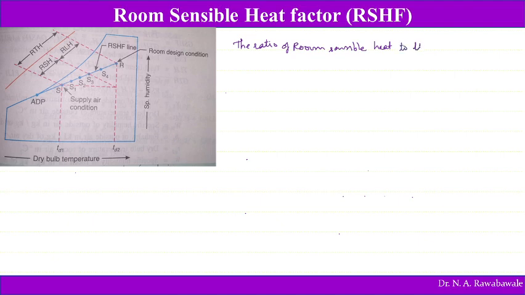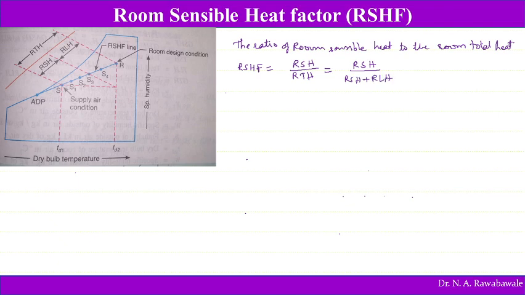So room sensible heat factor is nothing but room sensible heat divided by room total heat, or this can be written as room sensible heat divided by room sensible heat plus room latent heat.